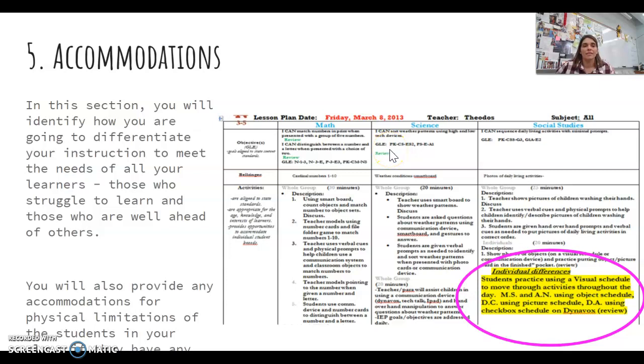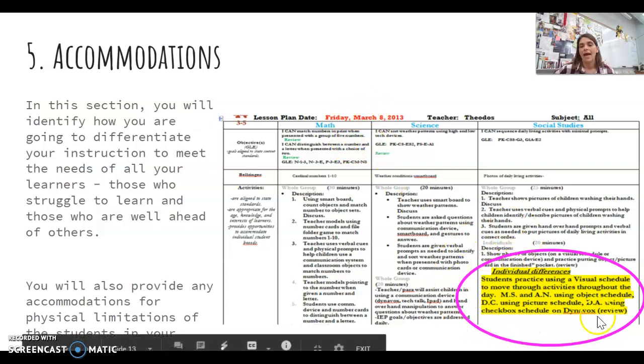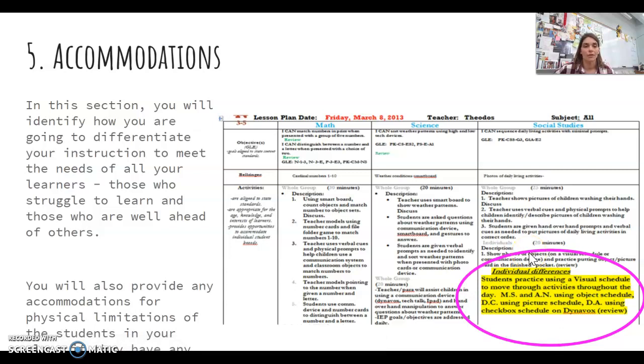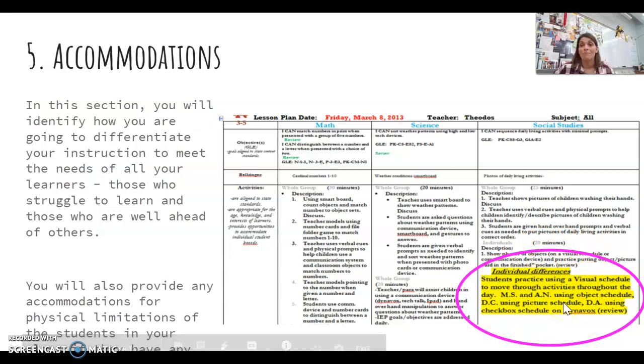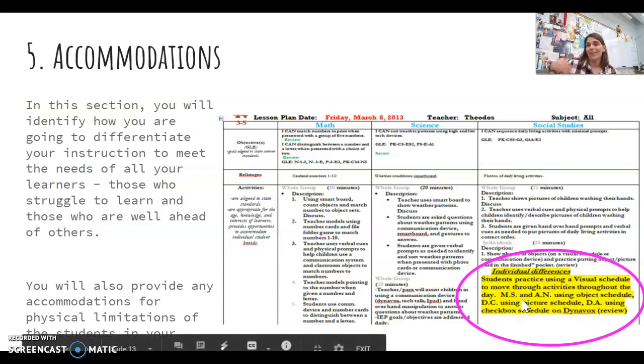The fifth part of a lesson plan goes back to our differentiation that we talked about a couple of weeks ago. You're going to put in just a section of how you would meet the varying learning needs of your classes. If you take a look at the example I have right here, this particular teacher actually mentions the student by initial and what they did specifically for that kid.